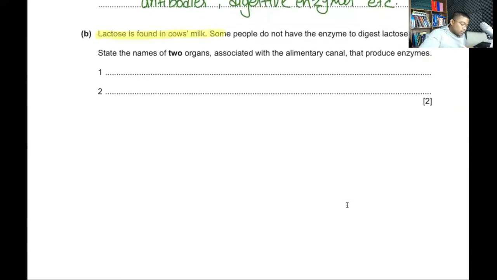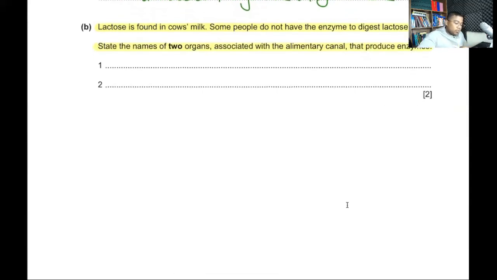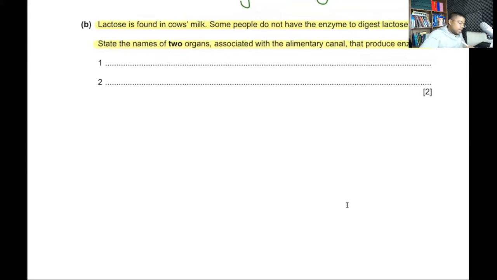Lactose found in cow's milk. Some people do not have the enzyme to digest lactose. State the name of two organs associated with alimentary canal that can produce enzyme. So name of any two organs that can produce enzyme in the alimentary canal. So first of all, salivary glands. They make saliva.